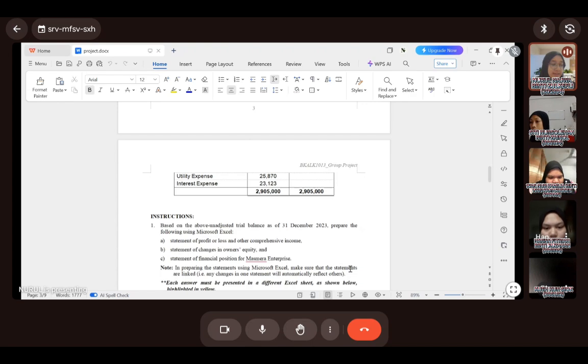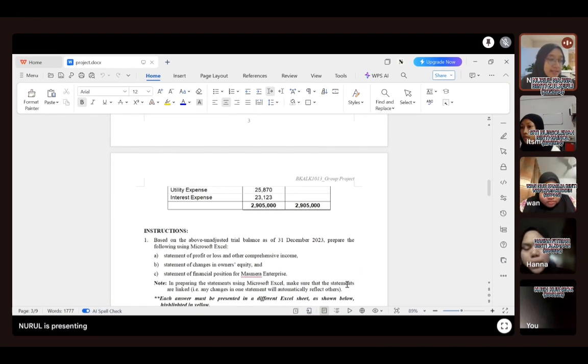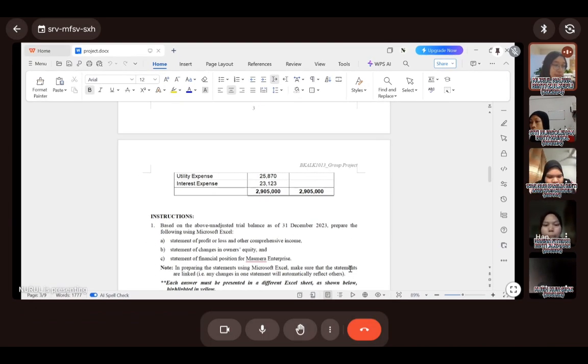Speaking of growth, let's not overlook the statement of financial position. We need to ensure that all assets and liabilities are accurately reflected after our adjustment. Yes, and we should link all statements in Excel so that any changes automatically update across all sheets. This will help us avoid discrepancies later on.